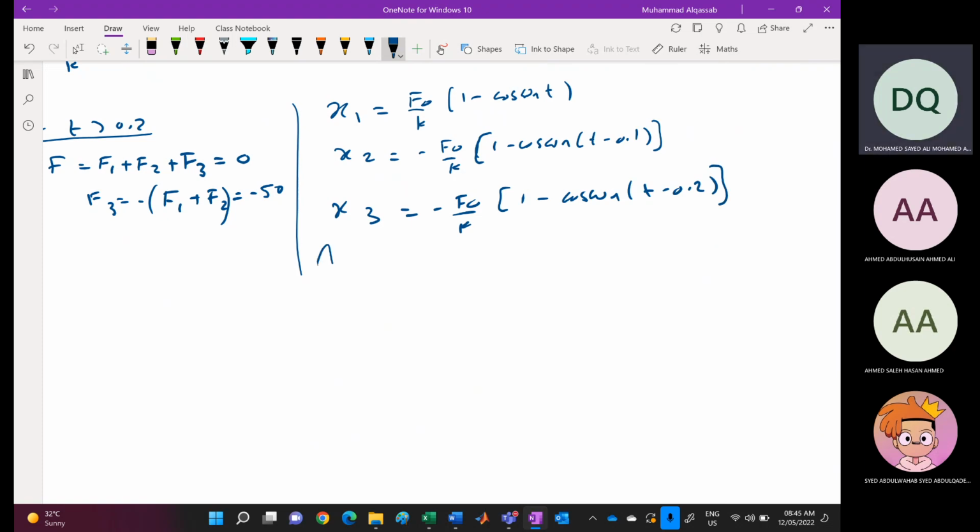And then you find the actual response: x1, then x1 plus x2, then x1 plus x2 plus x3.